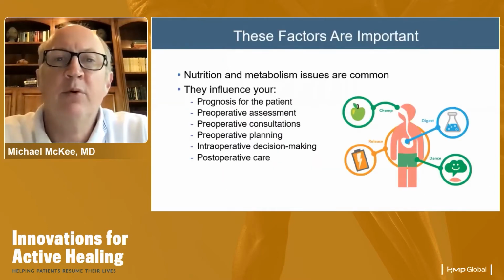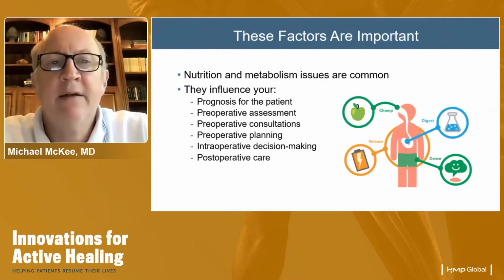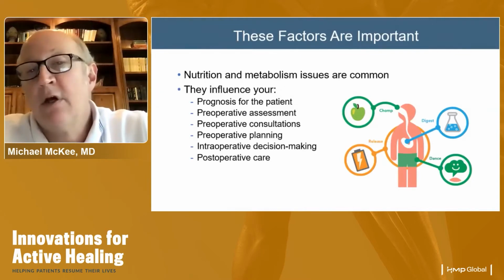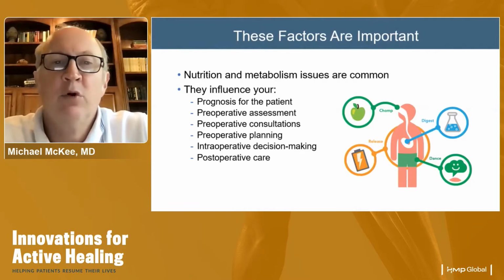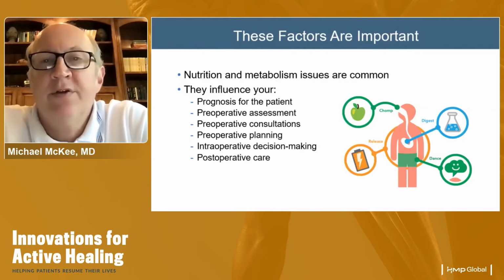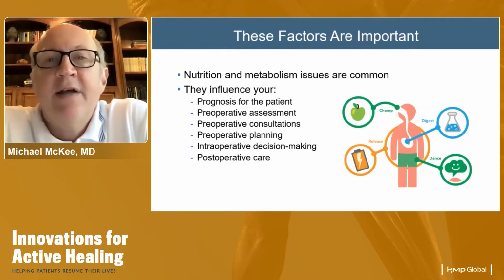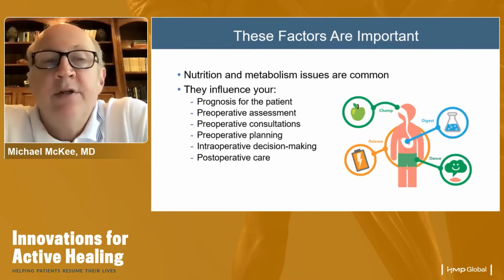What factors are important? Well, nutrition and metabolism issues are common, and it makes common sense that if you have poor metabolism and poor nutrition, this is going to affect fracture healing as it would affect any other biological process in your body. They influence your prognosis for the patient, preoperative assessment, preoperative consultations that you wish to obtain before you proceed with surgery, and preoperative planning.